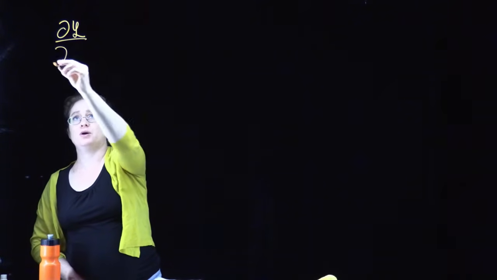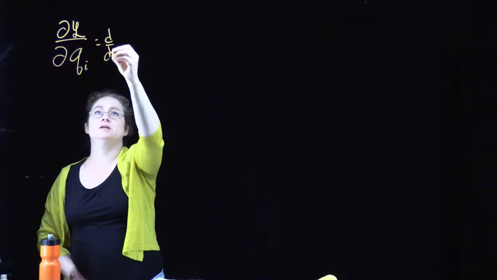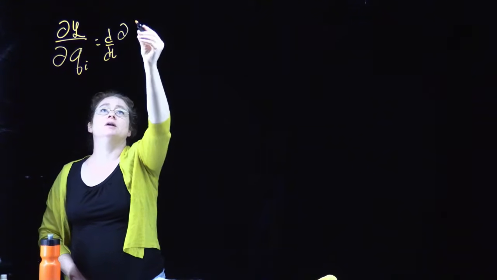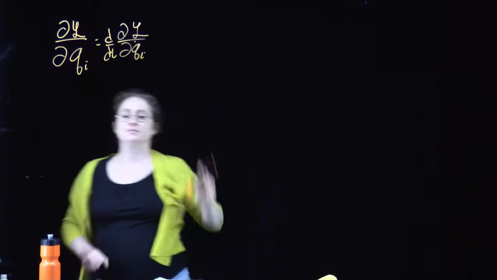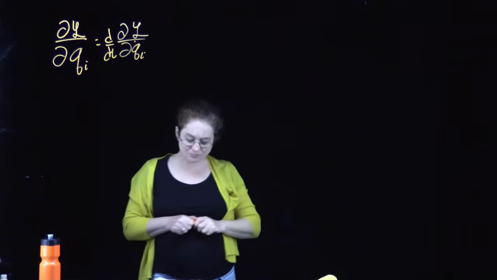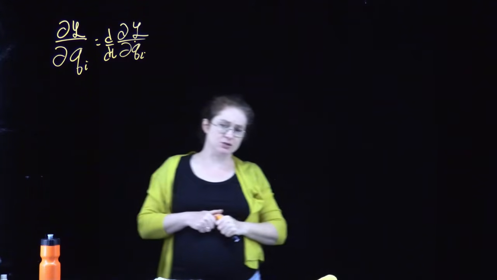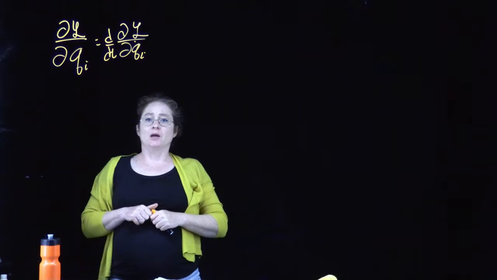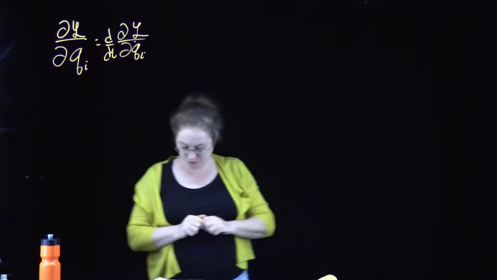Partial L, partial qi equals d dt, partial L, partial qi dot. This definition is a little bit circular. But then when we come back to how we add the magnetic force, we're going to look for the function for which this works and see how we have to modify what we have done so far.